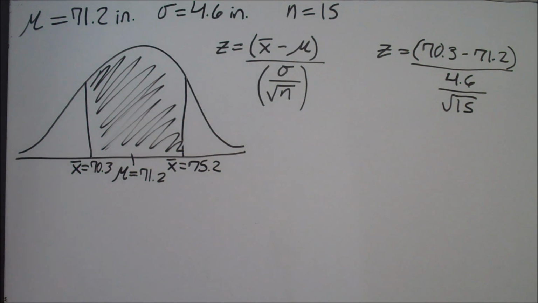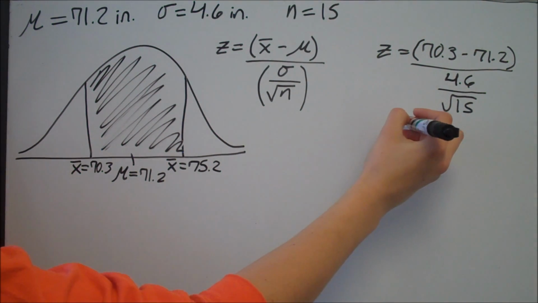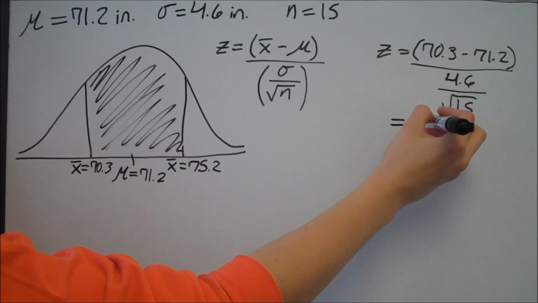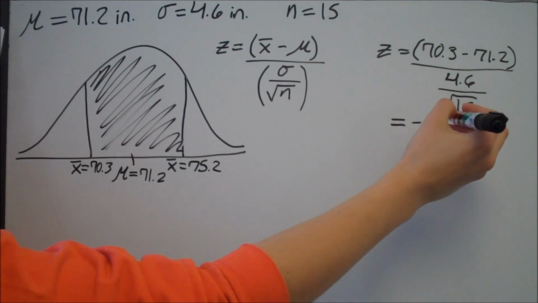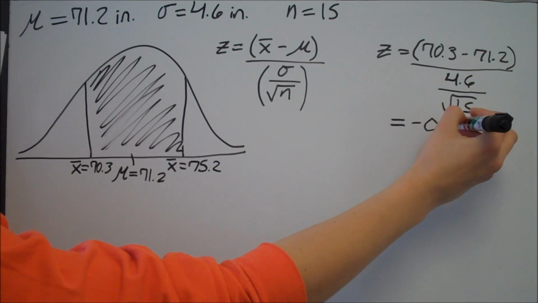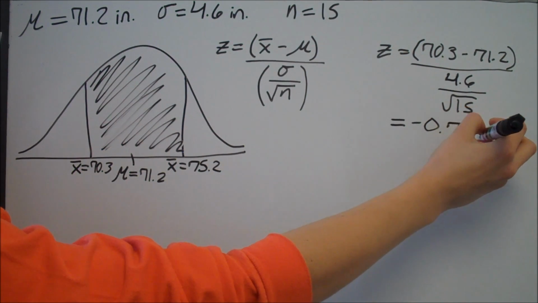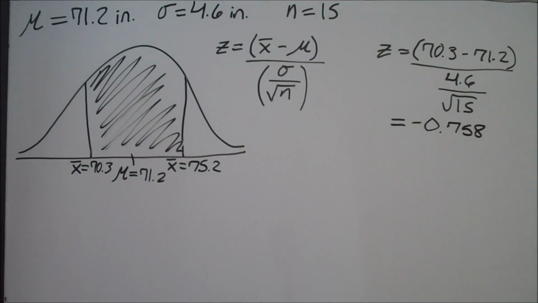And when we plug that into our calculator, we should get negative 0.758.